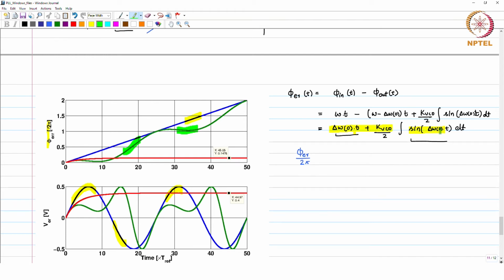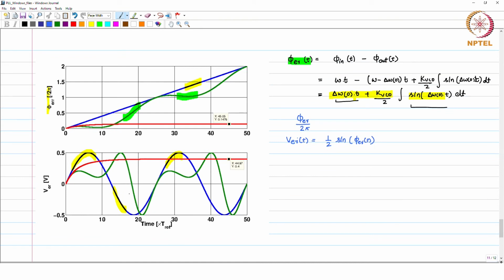Okay. All these things were in open loop, and in response to this phase error, now you are going to have your error voltage, that V error of t happens to be half of sine of phase error of t, right.